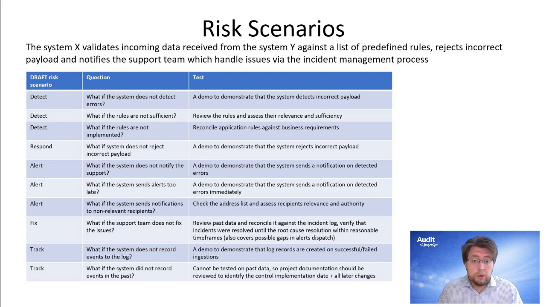Well, in that case, what we can do is take the incident log or those validation logs, make a sample of the exceptions, and ask for the email evidence if it's available. And of course, track it through the incident management process to verify that the issues were remediated and the root cause was addressed. And last two, track.